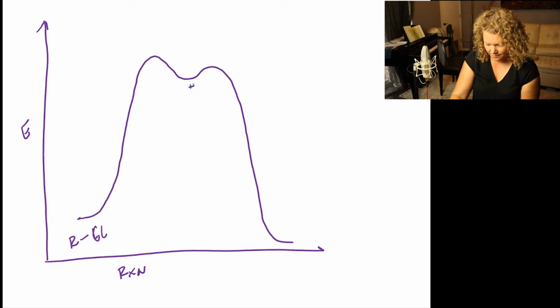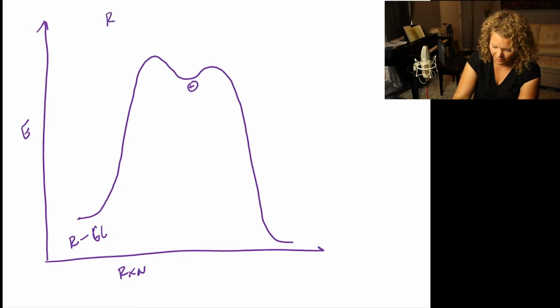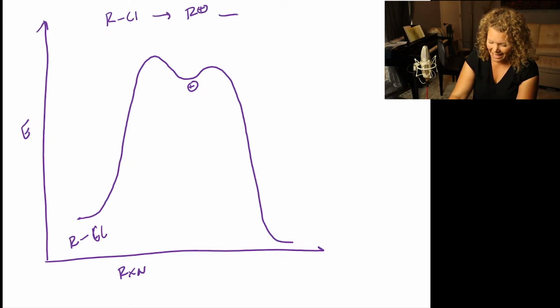So this position here is the structure of our carbocation. We know that this reaction is energetically uphill. So again, we've got RCl. We're going to turn it into our cation, and then we're going to react it with some nucleophile. In this case, we're using water.